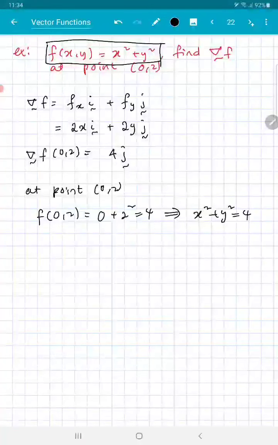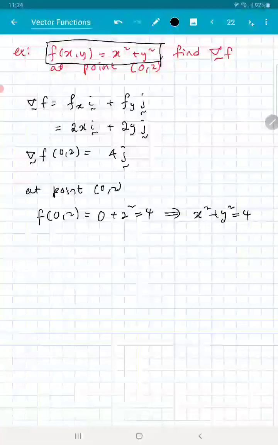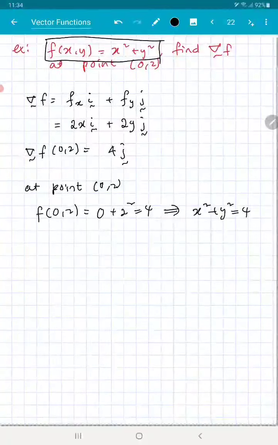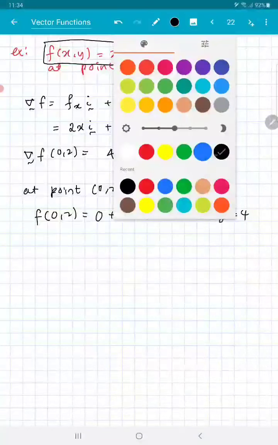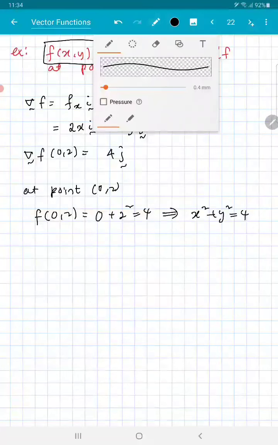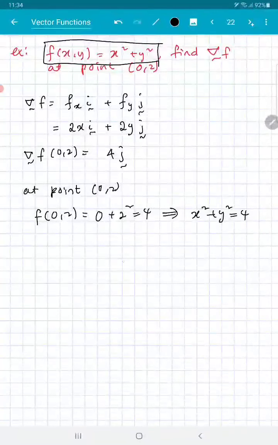So at point (0, 2), we have this equation, x squared plus y squared is equal to 4. And as you can see, this is an equation of a circle centering at x0, y0, and the radius is 2. Okay, if we plot this, let's plot this circle on an xy plane.